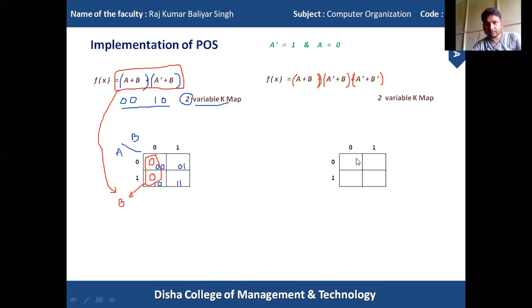We have four individual cells, and all cells are adjacent to each other. The row side is represented with A, and the column side is represented with B.